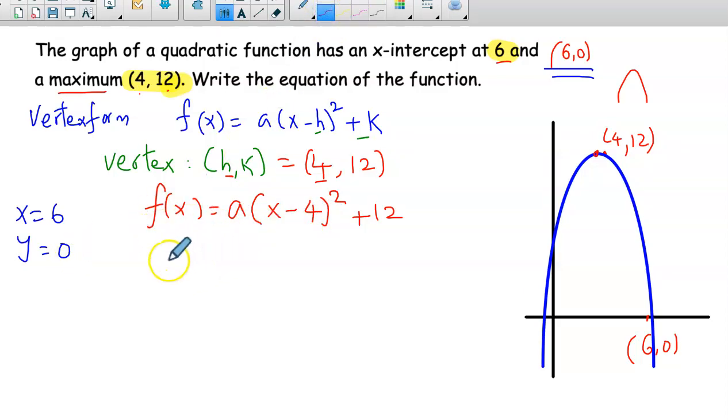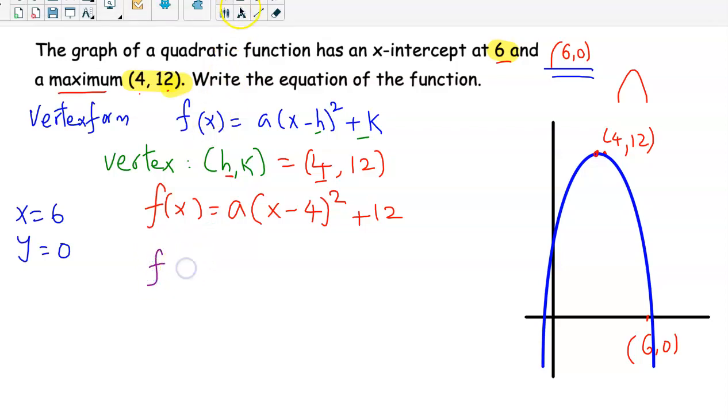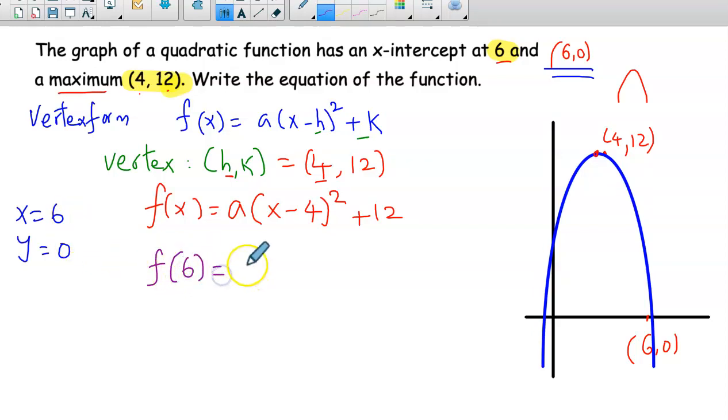So now f(6), I'm substituting 6 for x, is equal to a times (6 - 4)^2 + 12. And what is the value of this function? That f(6) must be equal to 0, that is what it is, (6, 0). So I'll write a 0 here.